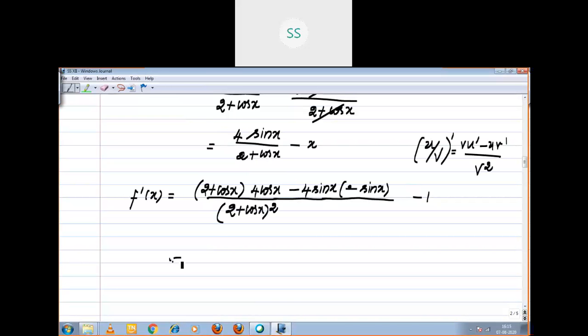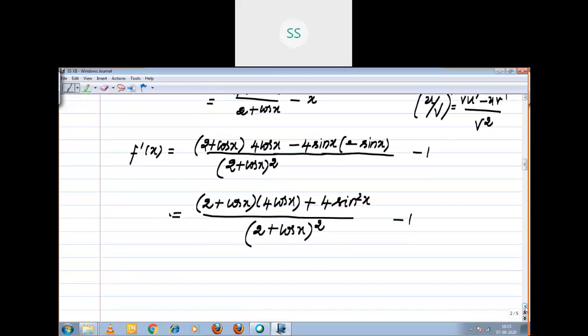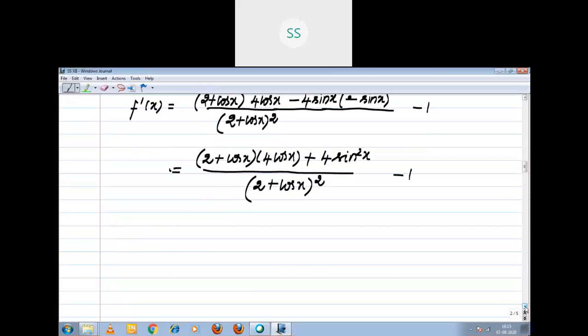Now, 2 plus cos x into 4 cos x plus 4 sin square x divided by 2 plus cos x the whole square minus 1. Right? Now, use 4 cos x and multiply inside the elements.